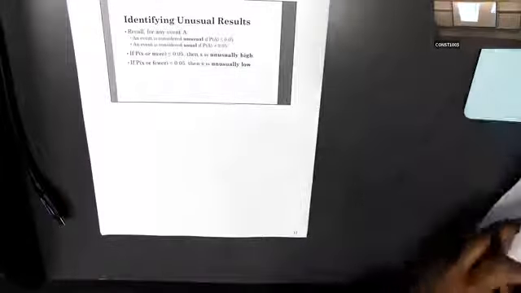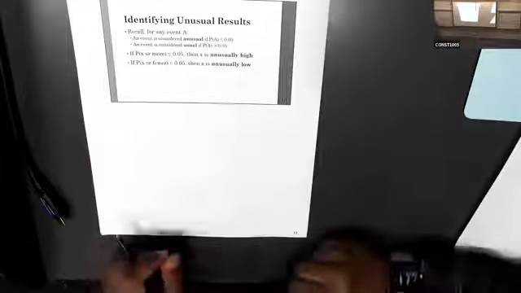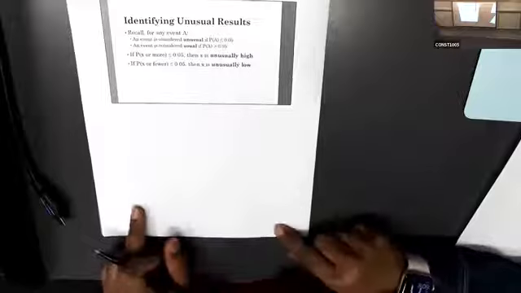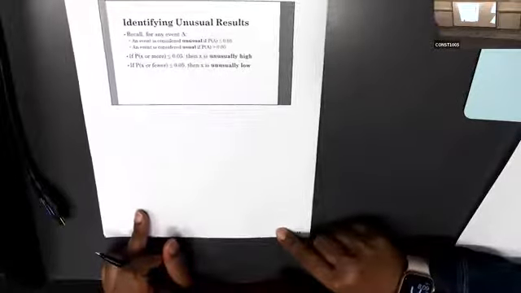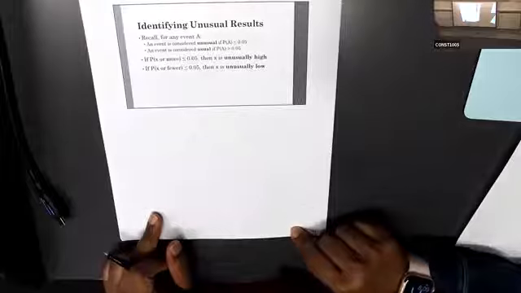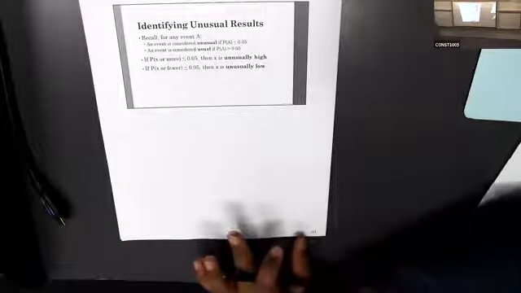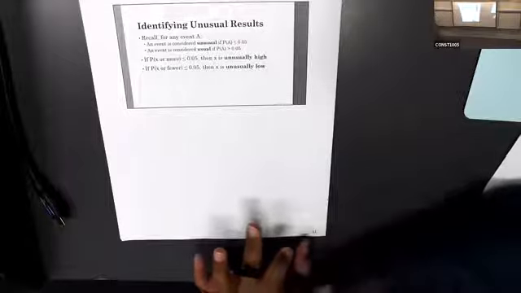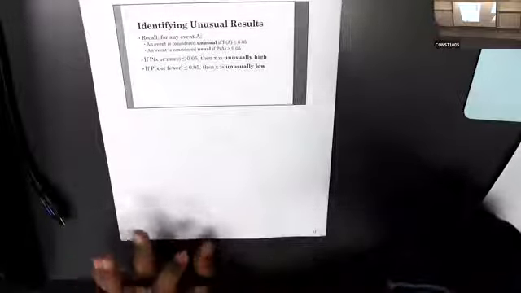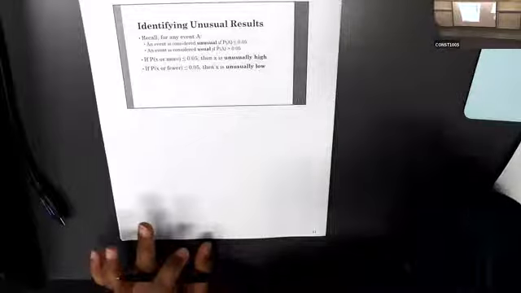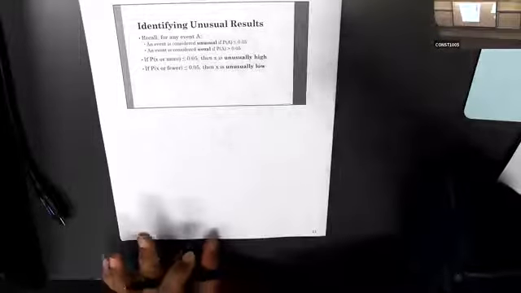Okay, then next one. What is this? It's about unusual results. Normally, you know what is usual and unusual. Remember, I told you to find usual and unusual results using mean and variance.